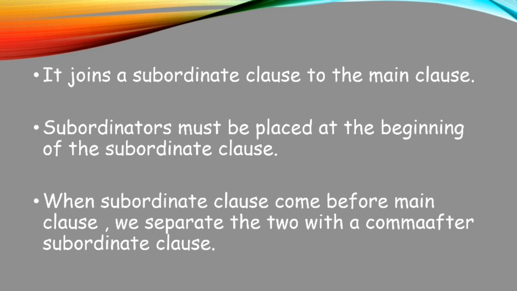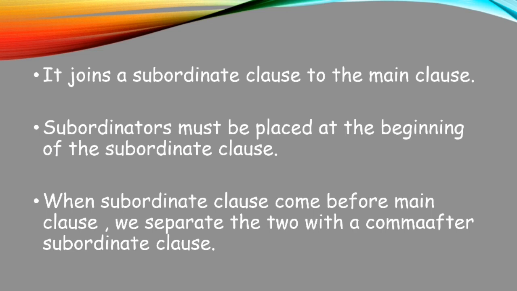The word where, so they join the subordinate clause to the main clause. And subordinators must be placed at the beginning of the subordinate clause. So I have already told you subordinators will always come at the beginning of the subordinate clause, right? वो हमेशा subordinate clause जो अपना meaning खुद नहीं देता है clause उसके starting में आएंगे, right? When subordinate clause comes before main clause.